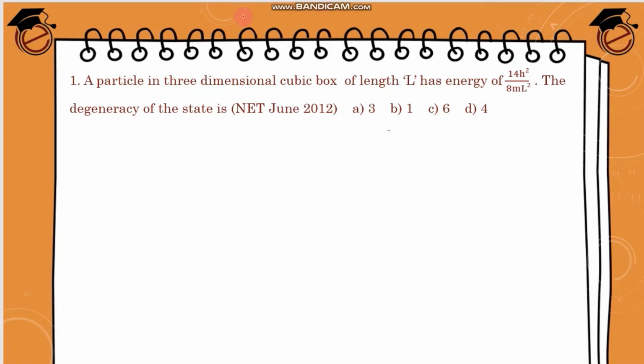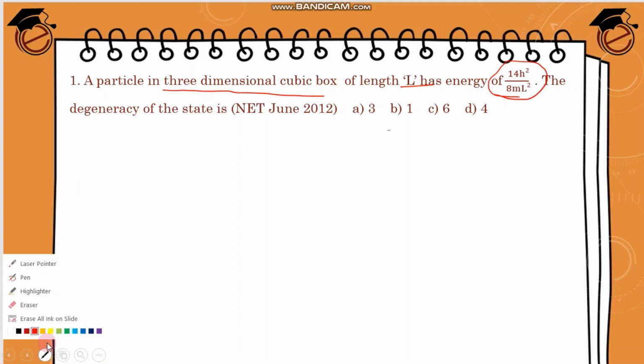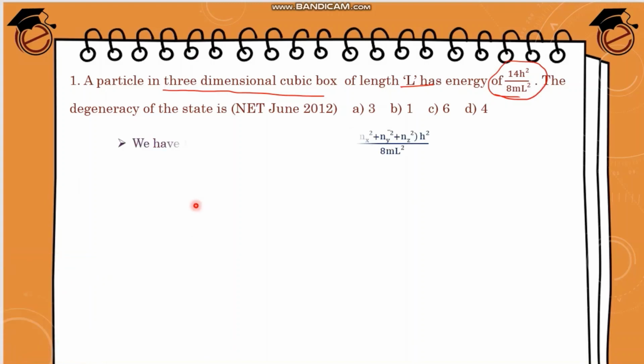In the question it is mentioned that it is a 3-dimensional cubic box of length L with an energy of 14 h square by 8 m L square. The energy of a particle in a 3-dimensional box is (nx square plus ny square plus nz square) h square by 8 m L square, where nx, ny, nz represent the levels, h is the Planck constant, m is the mass of the particle, and L is the length of the cubic box.